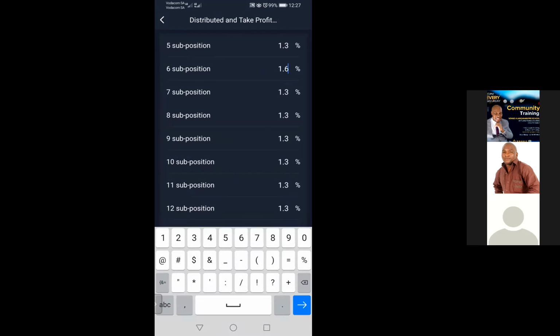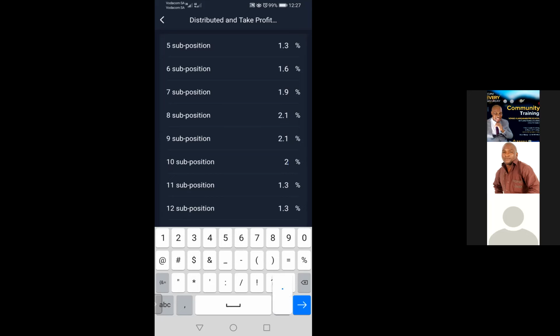And then 7 is 1.9. 8 and 9 is 2.1, 2.1. And then 10 is 2.6.